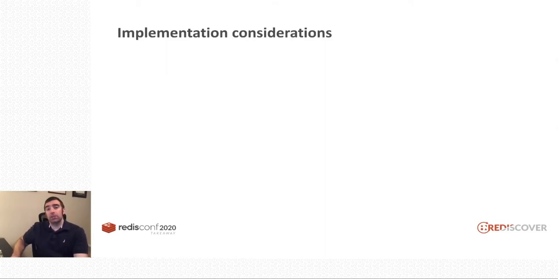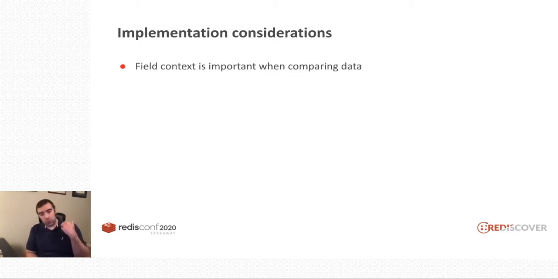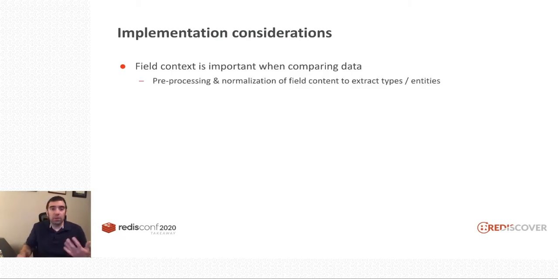So some implementation considerations for real world based off of this experiment. Field context is super important when you're comparing data. What I mean by field context is, can you derive some type of information about the field other than the value itself?